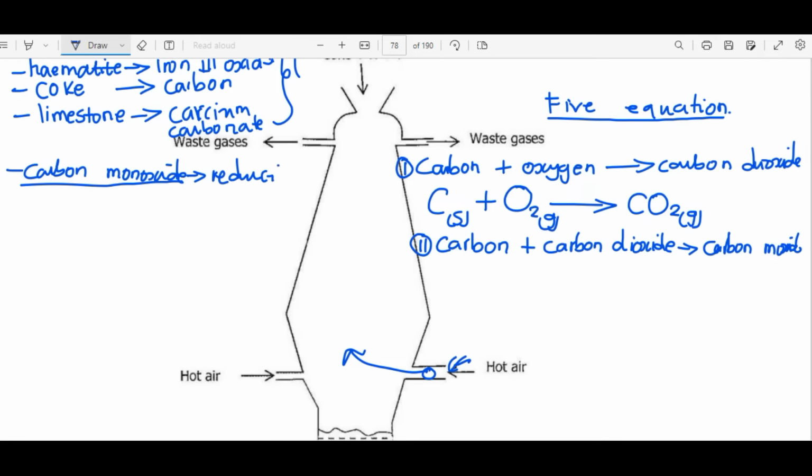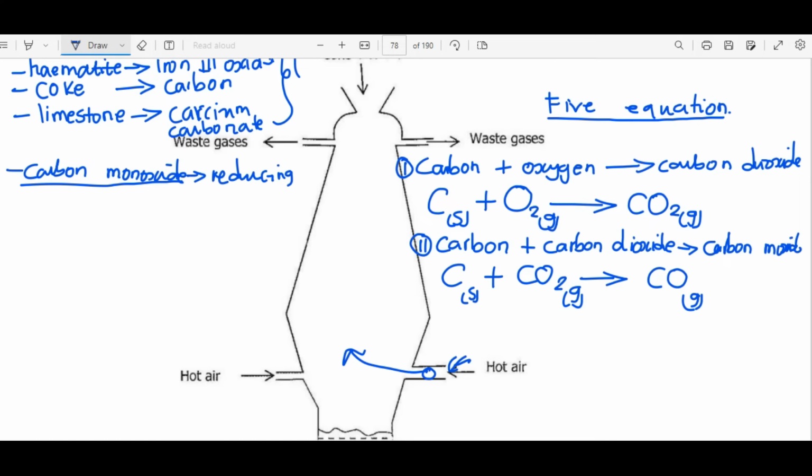So we'll see what it reduces. So say carbon, which is solid, plus carbon dioxide, CO2, a gas. Then we are saying we are going to have carbon monoxide. The difference in terms of the chemical formula for carbon dioxide and carbon monoxide is that carbon dioxide has 2 atoms of oxygen in one molecule, while carbon monoxide has only 1 atom of oxygen.